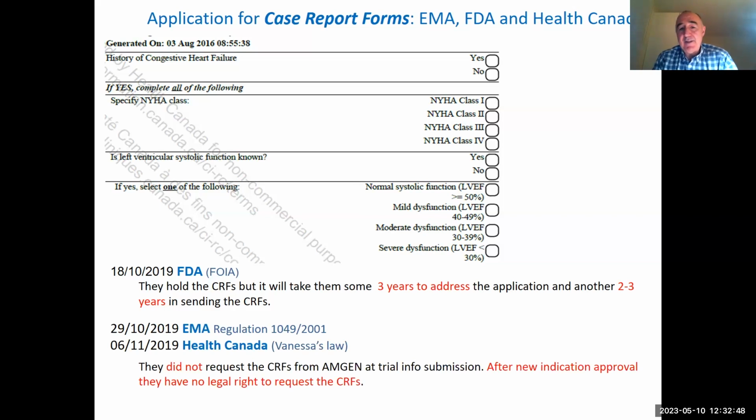They let us know that they don't request this information, and once the indication is approved and after submission, they have no legal right to claim all this information from the companies, which is hard to believe, but looks like this is right. So we can tell that regulators, in general terms, don't make any effort to obtain this primary information from clinical trials.